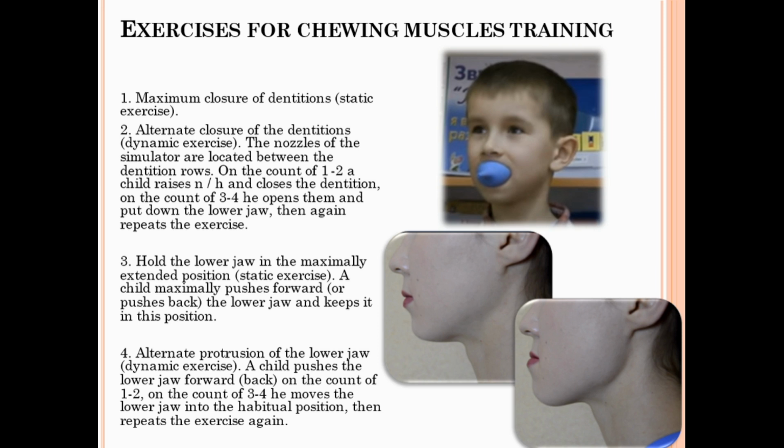A child pushes the lower jaw forward or back on the count of 1, 2. On the count of 3, 4, he moves the lower jaw into habitual position, then repeats the exercise again.